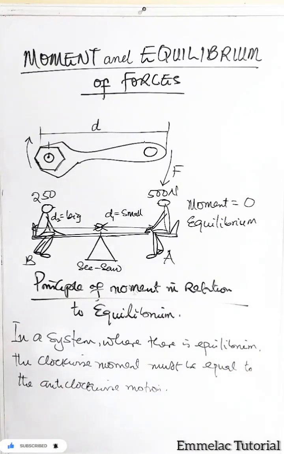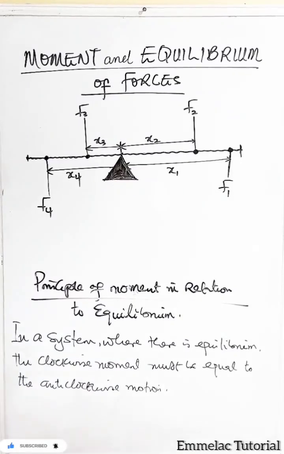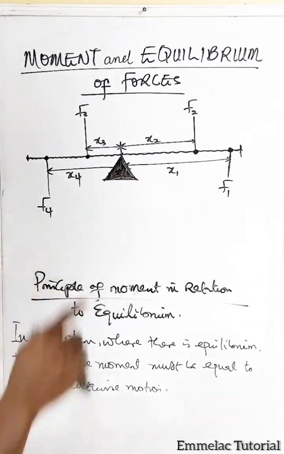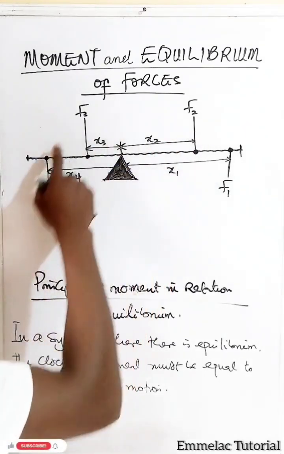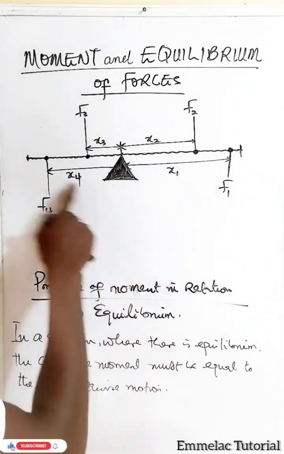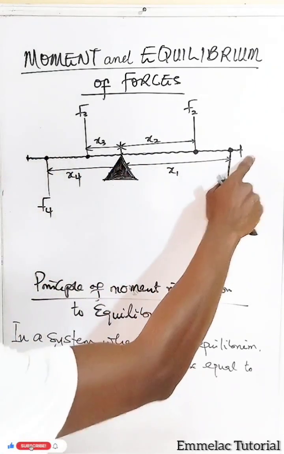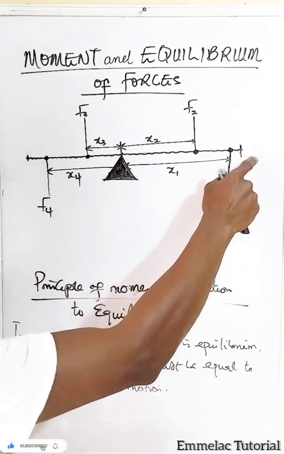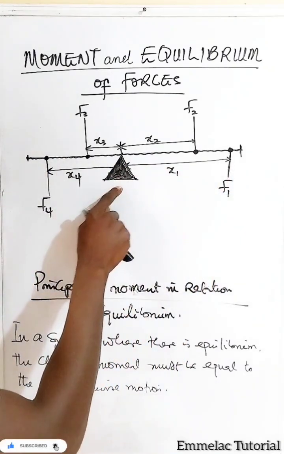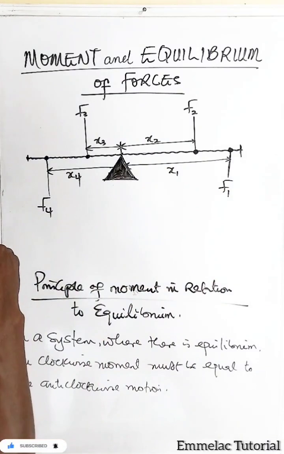Okay, so how then do we look at what we call the clockwise moment and anti-clockwise moment? So let me probably use a seesaw also again as an example. Now let us consider these forces on this meter rule being mounted on a pivot or a knife edge.